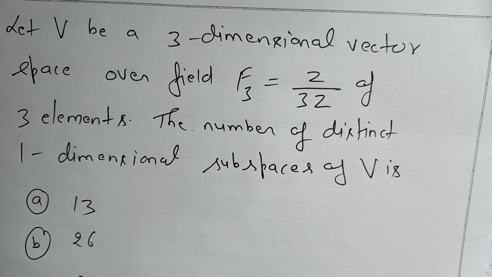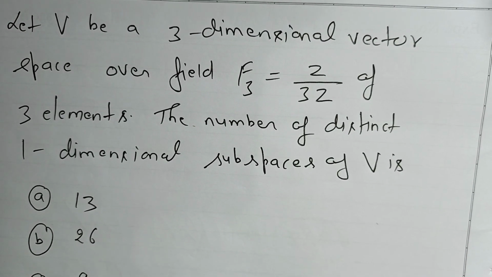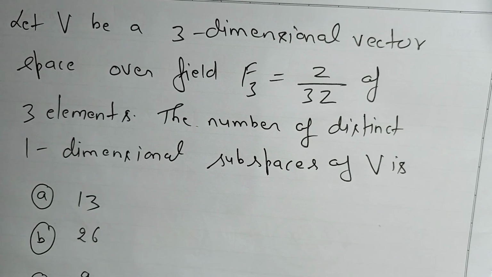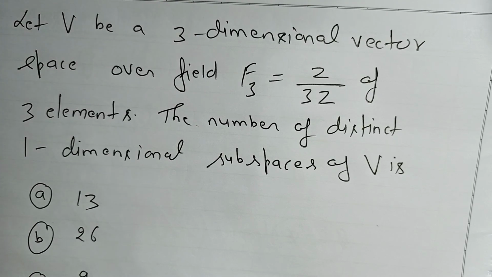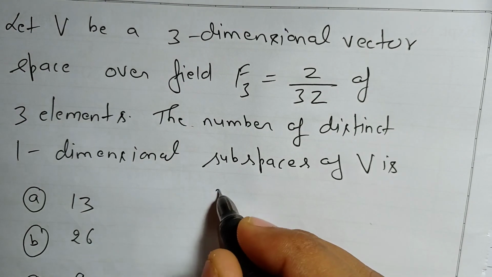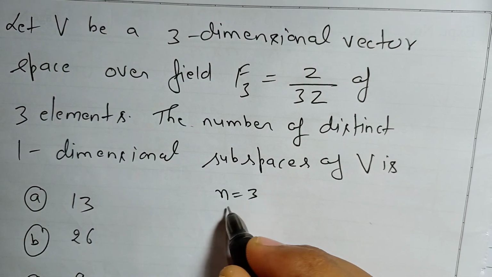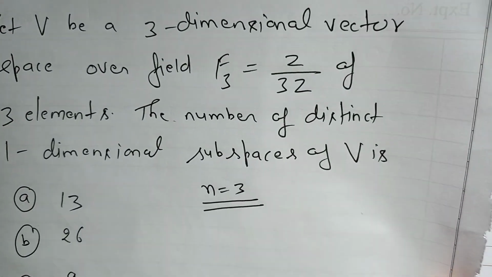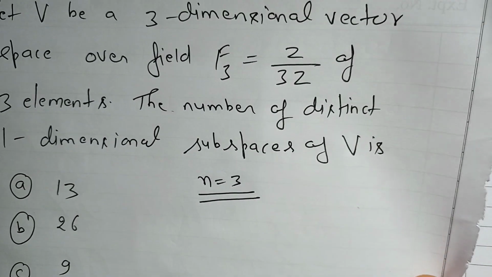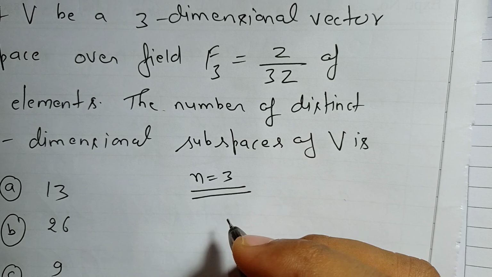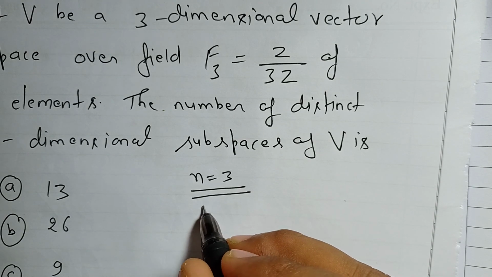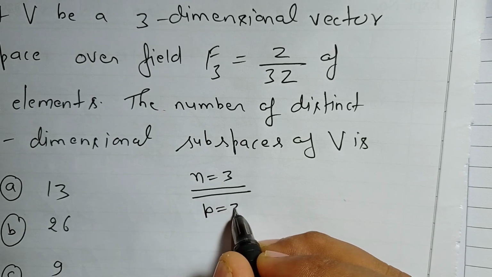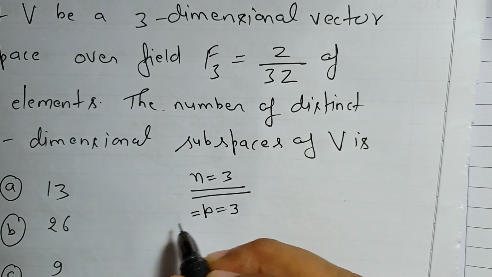Let V be a three-dimensional vector space over the field F3, Z by 3Z, of three elements. Find the number of distinct one-dimensional subspaces of V. So here we have n equal to 3, a three-dimensional vector space, and the field F3, so p equal to 3. p is nothing but the cardinality of the field.